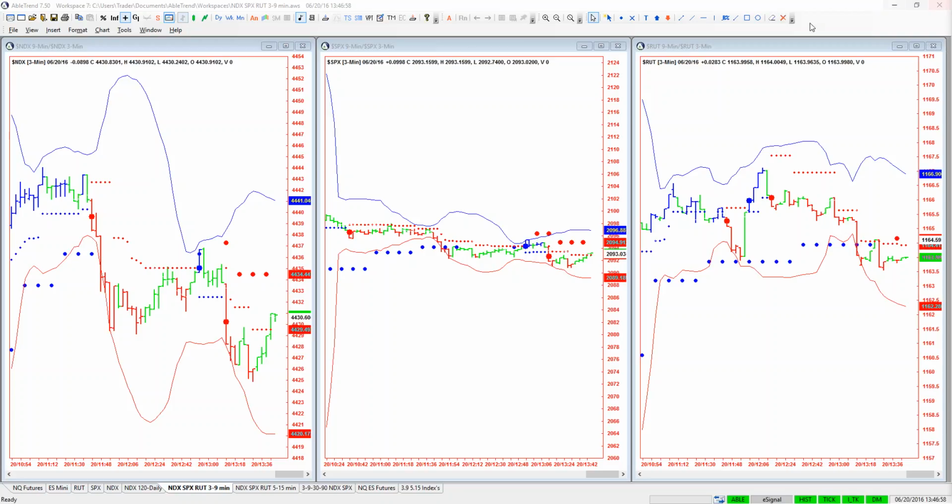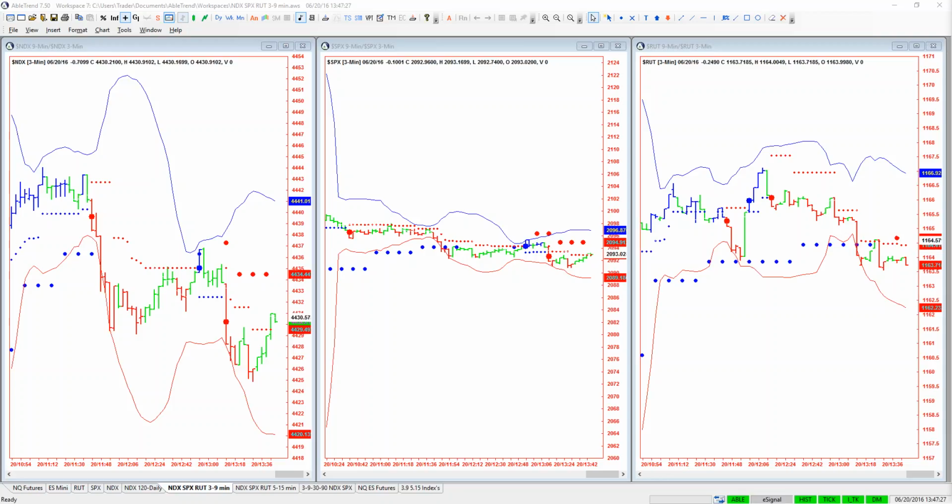One of the other things that I'm seeing here is that once we started moving lower, we did what's called a stair step lower, where the 9-minute dots stair stepped lower. The last three are actually moving lower and placed at a lower price level than the first two 9-minute dots, and then the 3-minute resistance is also stair stepping lower. Those are all varying degrees of indicators that either give me more or less confidence in taking a trade.